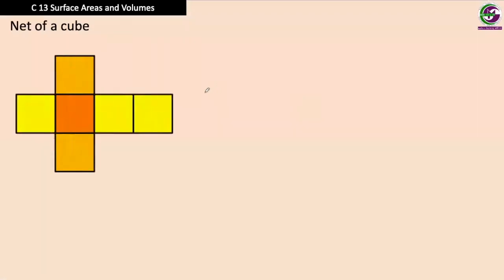Let us see more details about the net of a cube. As we said, this is the net of a cube, and this is the general format of drawing a net. There are many ways, we will come to it. This is usually representing up and this is down. And while we represent the lateral faces of a cube and cuboid, remember, left and right are never together.